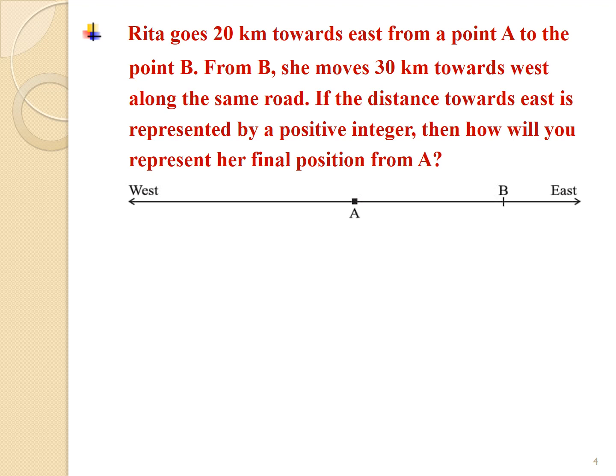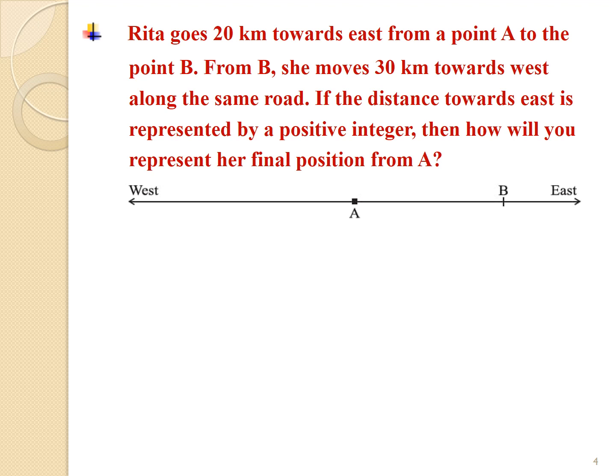Also, it is given to us that if the distance towards east is represented by positive integer, then how will you represent her final position from A?